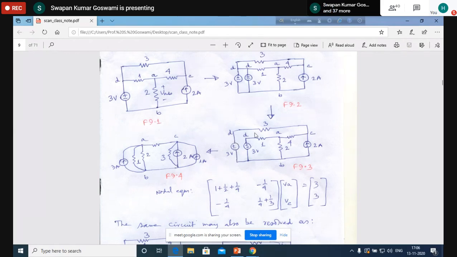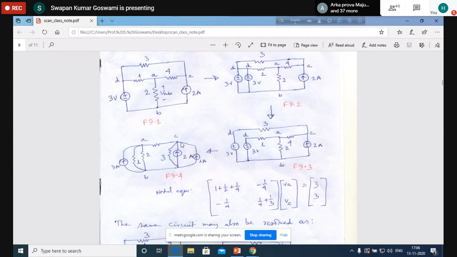So this combination can be converted into a current source of 3 volt by 3 ohm, means 1 ohm connected between B and C, entering towards C, and 3 ohm will be in parallel connected between C and B. So here you see that between C and B, this is B means this is also B. We have 3 ohm connected between C and B, and here 3 volts by 3 ohm means 1 ampere.